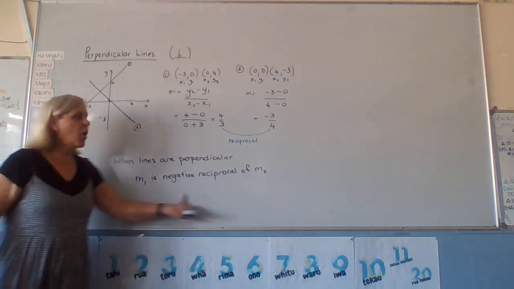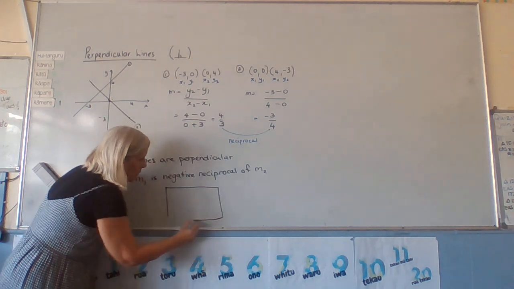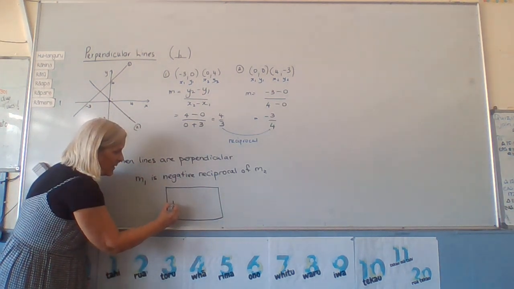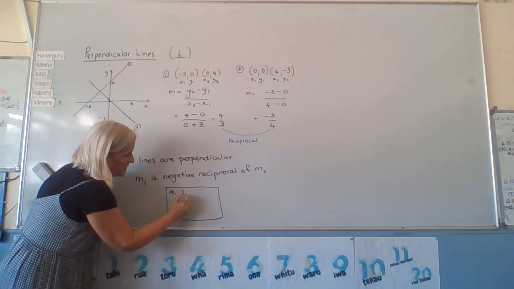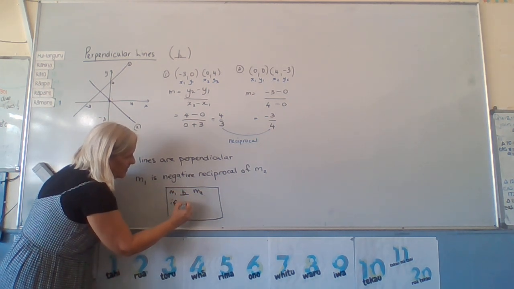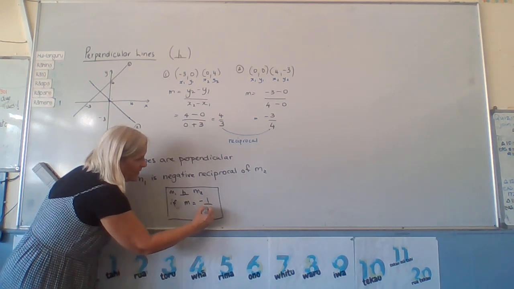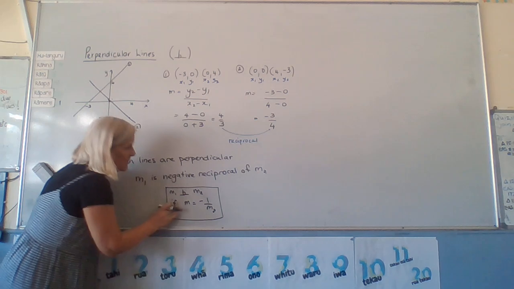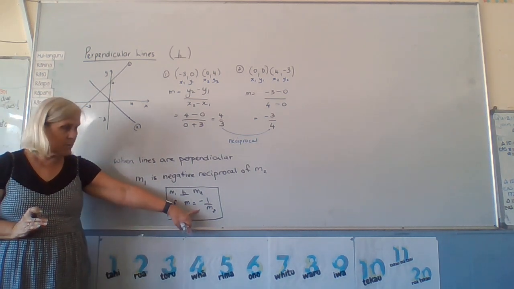Now, that's a horrible wording. So what we want is a formula. So what we say is that M1 is perpendicular to M2 if M1 equals -1 over M2. So -1 over M2 means a reciprocal.